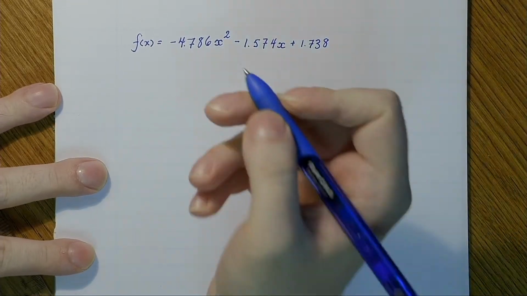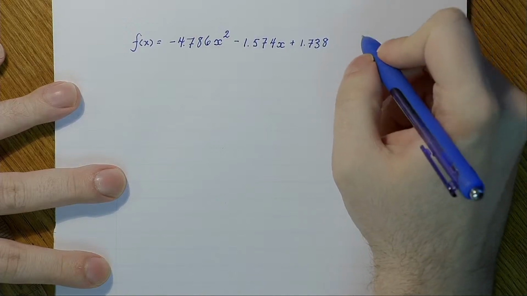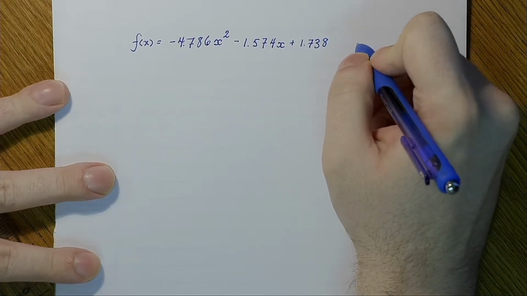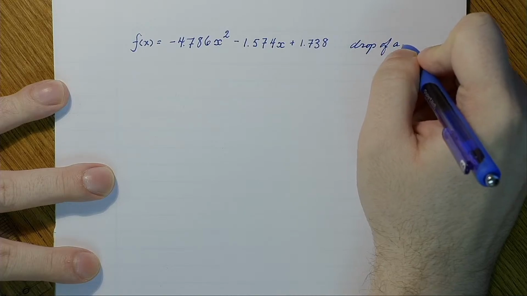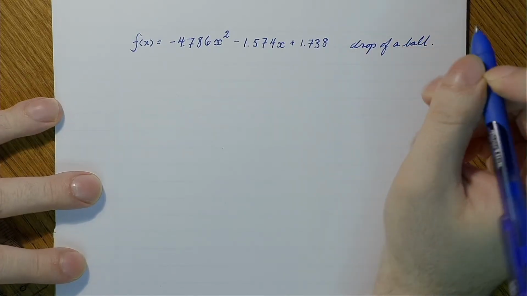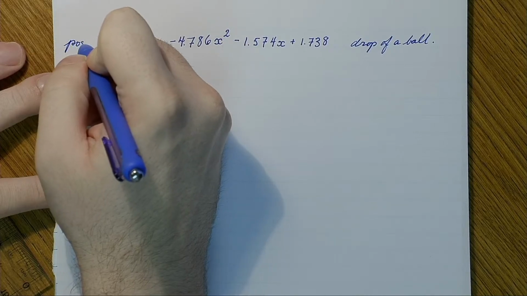So this was what we had. This is for the ball drop. And so there is our position function.